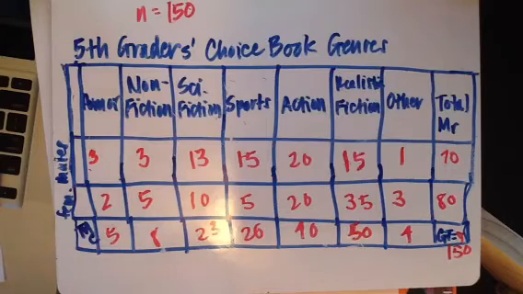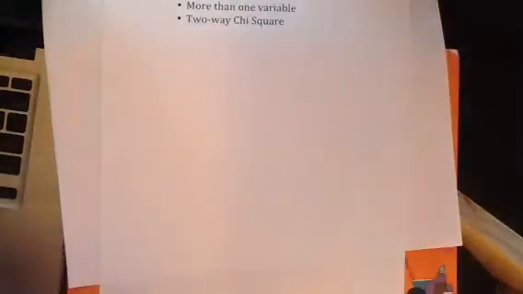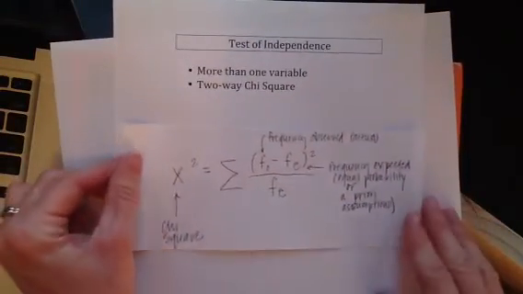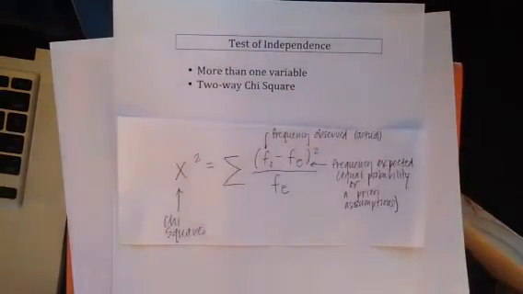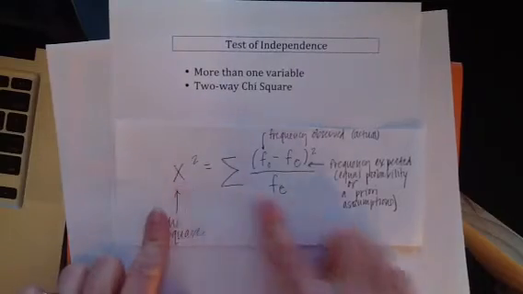So, let's see here. Interestingly, the formula that you use for the test of independence is the exact same one that you use for goodness of fit. So whether you're doing a one-way chi-square or a two-way chi-square, it's the same formula here.